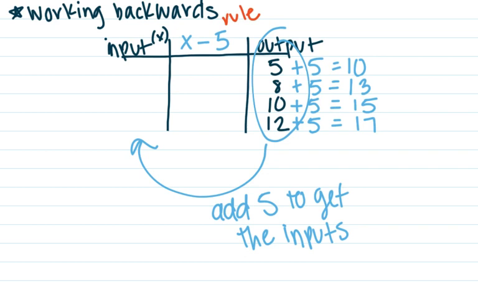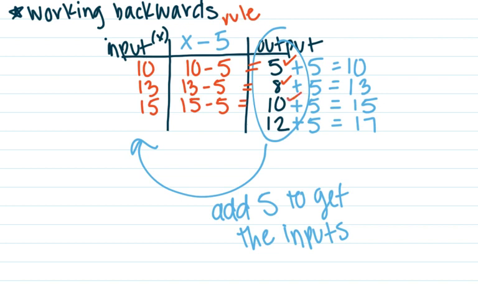So if I put a 10 over here, let's see, 10 minus 5, is that 5? Yes. Okay, 13 minus 5, is that equal 8? Yes. 15 minus 5, does that equal 10? Yes. And then 17 was our other one. 17 minus 5, does that equal 12?